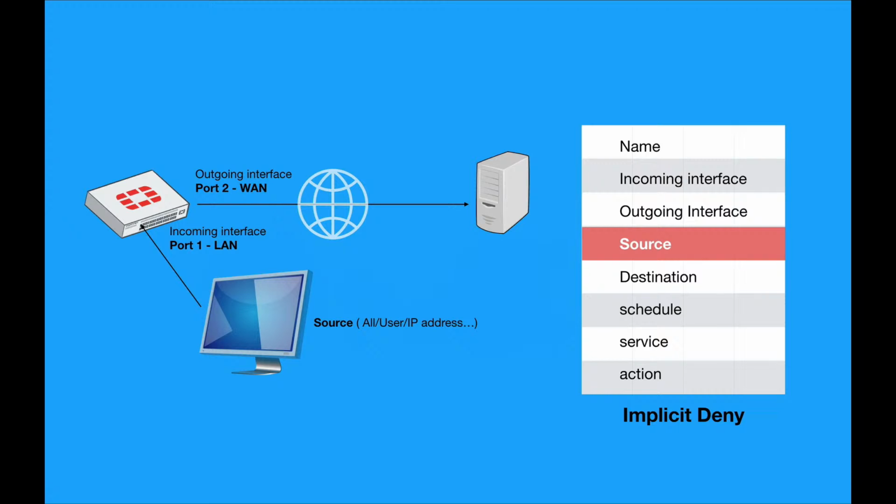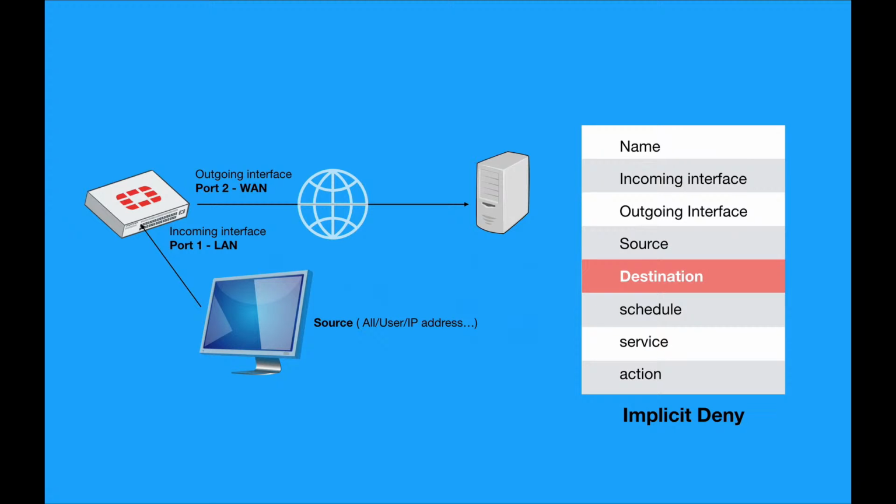That can be just about any source, that is any IP address, or you can use what is known as firewall objects, such as specific IP addresses within your local area network. It can also be a user or a user group that is saved on your firewall internal database or a remote authentication server such as LDAP or a RADIUS server.